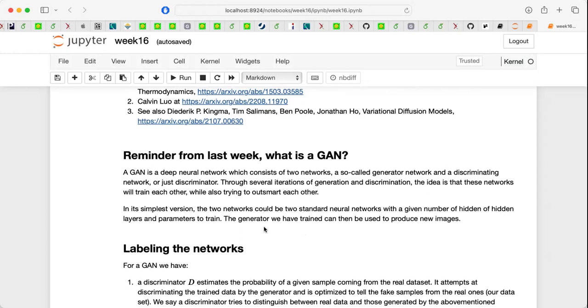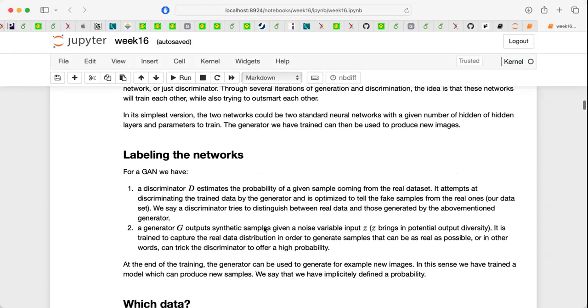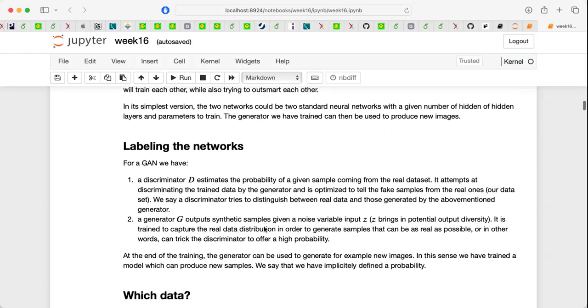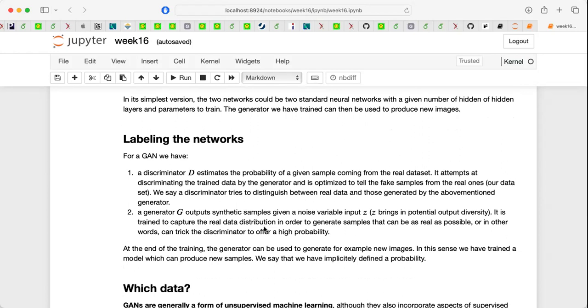So the generator part is the one which, when it has been trained, has implicitly obtained a description of some data set. And you can say that this is an implicit derivation of a probability distribution, which allows us to generate new images.